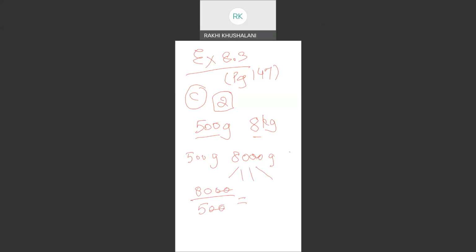Now the number of boxes will be 16. That's it. 16 boxes will be made with 500 grams of cashew nuts in each of them.